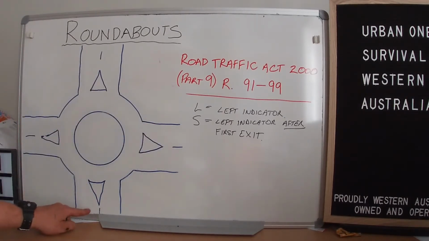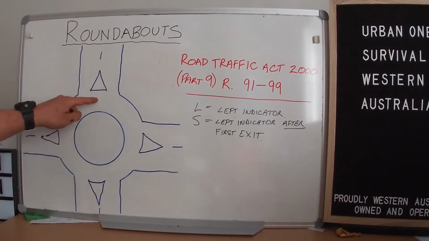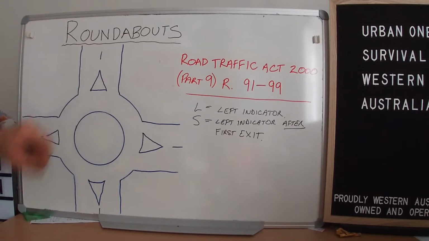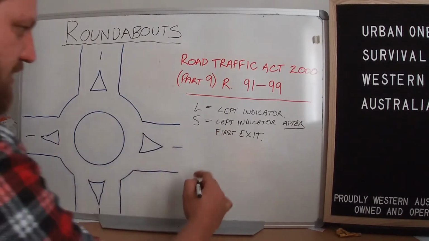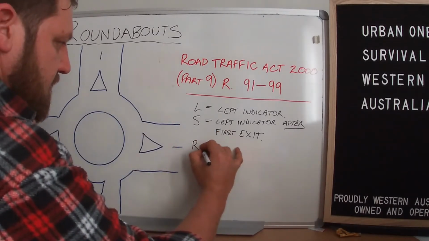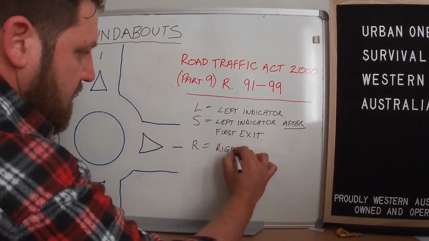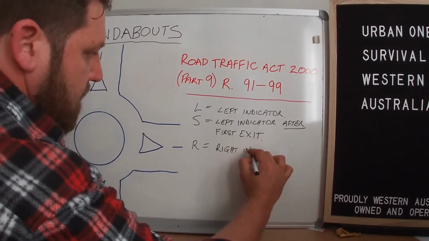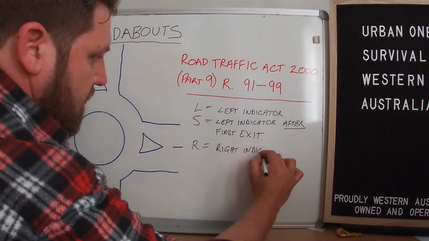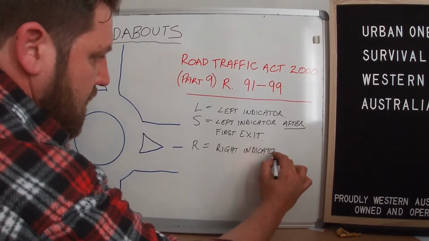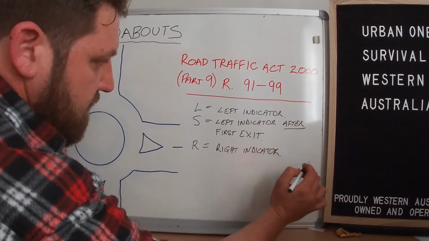So it's your right indicator until you hit this point here, and then it's your left indicator. So turning right is right indicator, this is your first step.